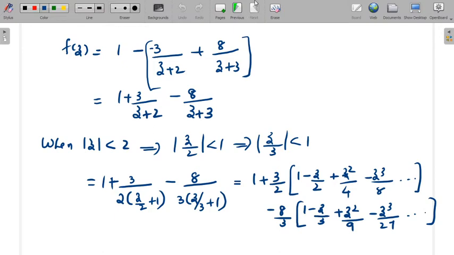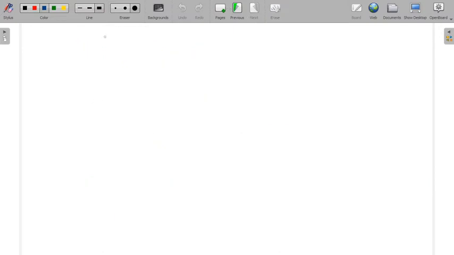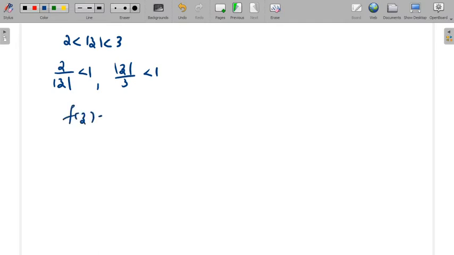So when you take 2 less than mod z less than 3, we can write 2 by mod z is less than 1 and mod z by 3 is less than 1. So our f of z is 1 plus 3 by z plus 2 minus 8 by z plus 3.